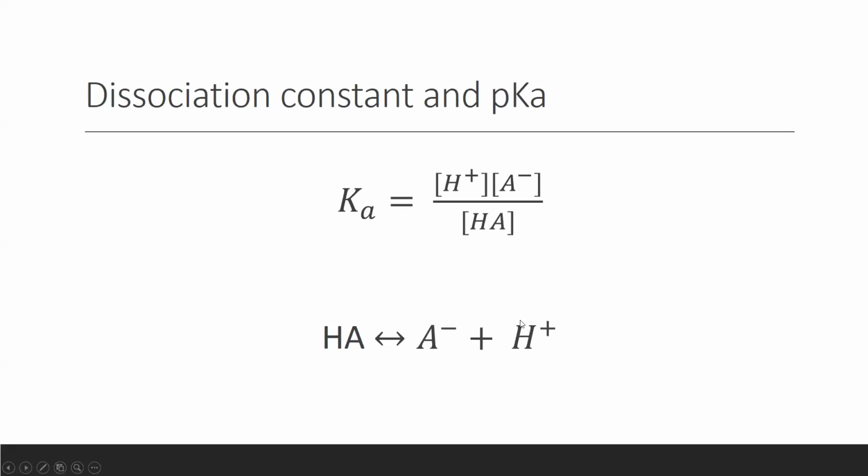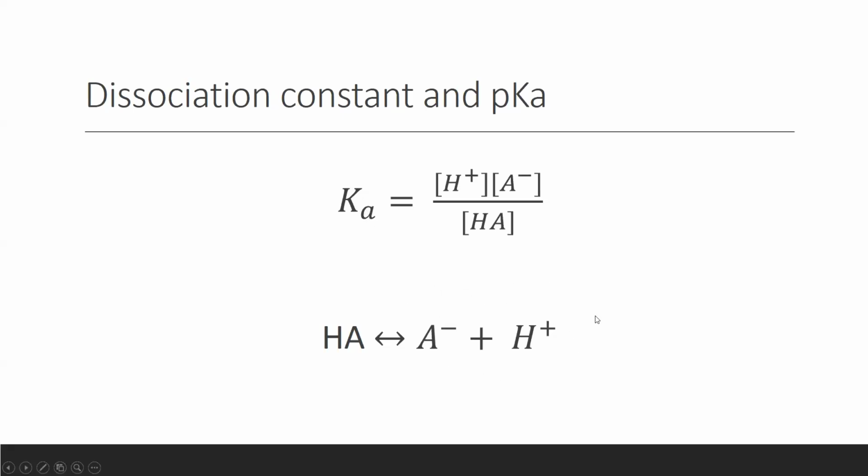If you were to increase the concentration of the H plus, let's say, it would push the equilibrium back towards the left, increasing the concentration of HA, reducing the concentration of A minus and H plus, and this overall stoichiometry would be maintained. And Ka, because it's the equilibrium constant for an acid.